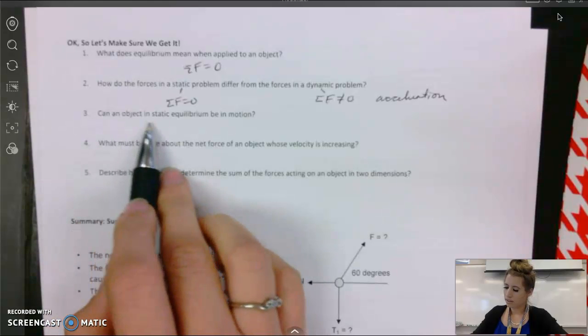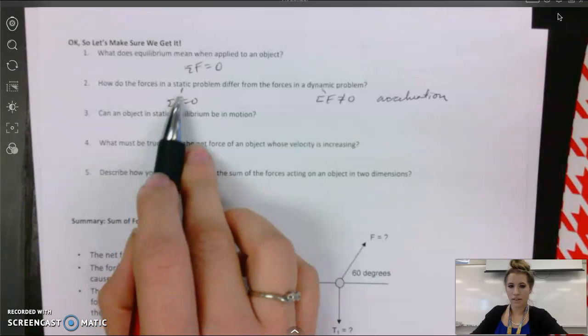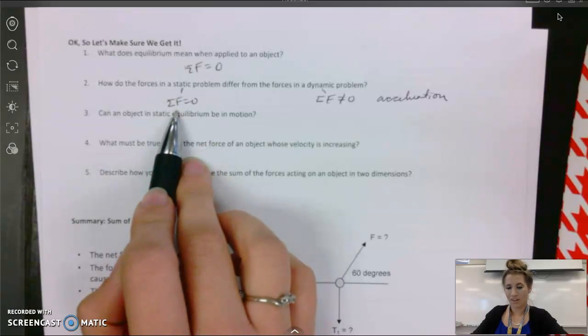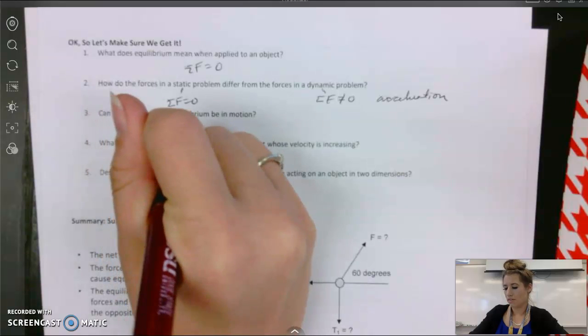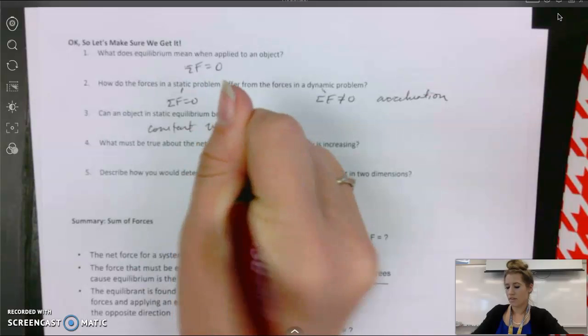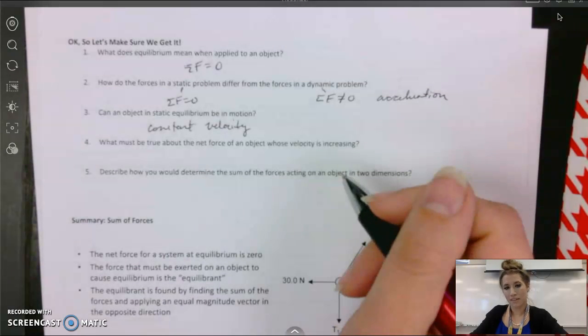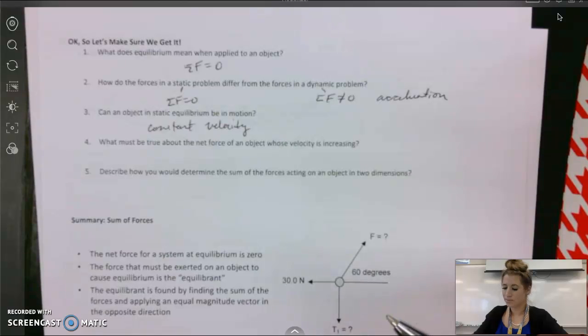How can an object in static equilibrium be in motion? Well, if it's static, that means sum of the forces is 0. And if we have a constant velocity, that means the acceleration is 0, and so the sum of the forces would be 0.